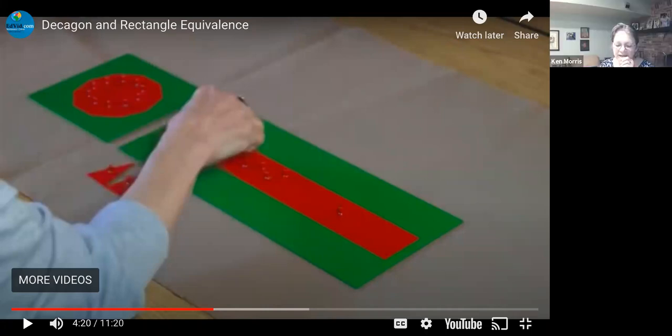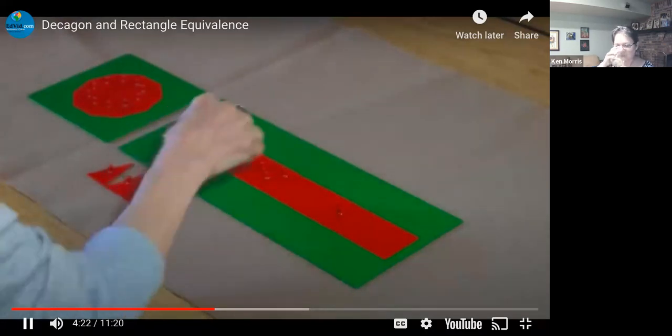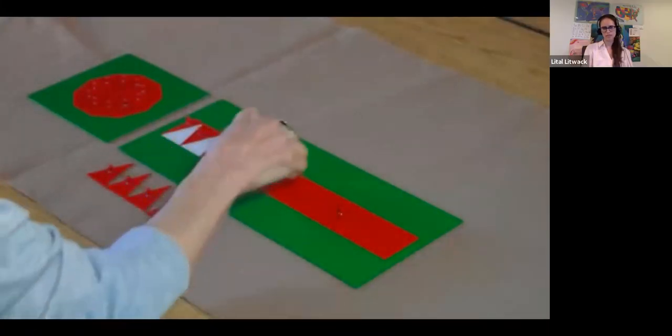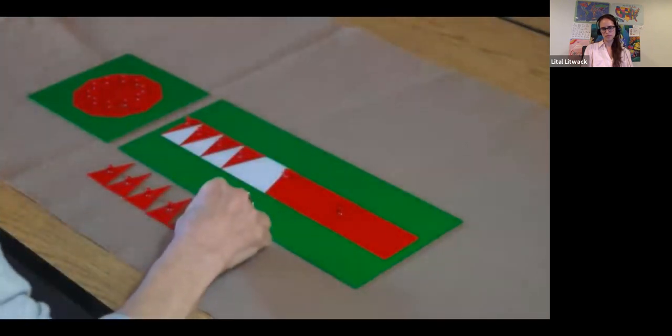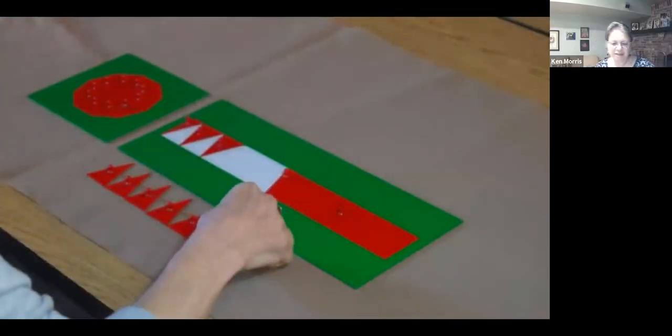And you'll see when we get to the formulas, you get 1/2 the perimeter, because it takes 2 rectangles to show this. All right, let's keep going. Maybe she'll show it now, I don't know.